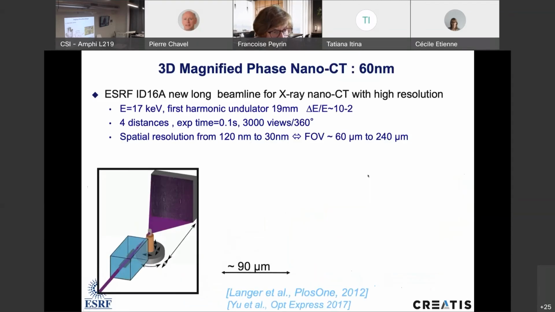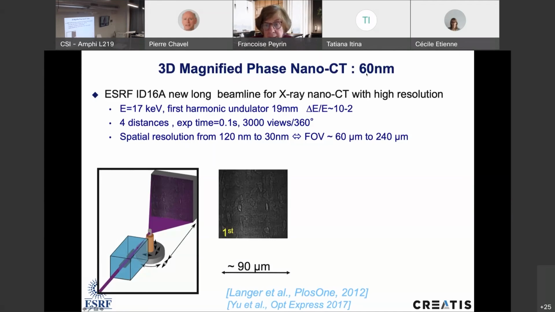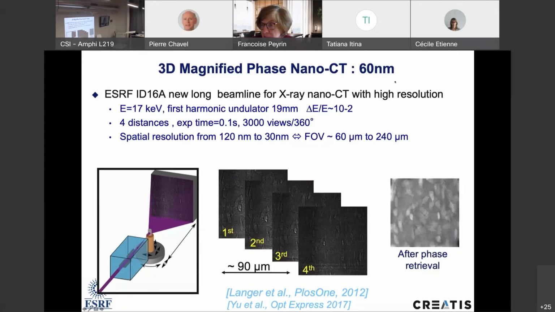And concerning the osteocyte system, I showed you previously this image of the osteocytes in mice, but we could not see the canaliculi joining the osteocytes. So here we use phase CT, but at even higher spatial resolution, on a phase nano-CT system at 60 nanometers.